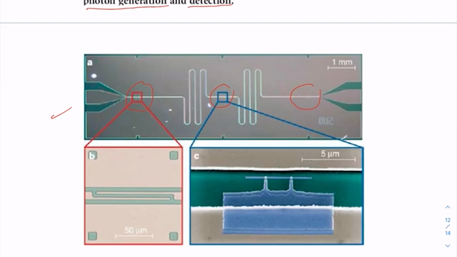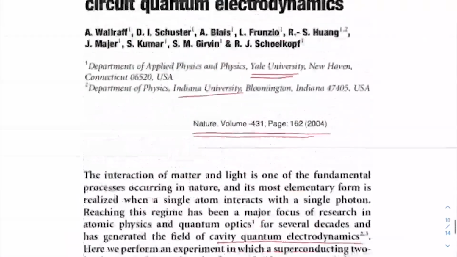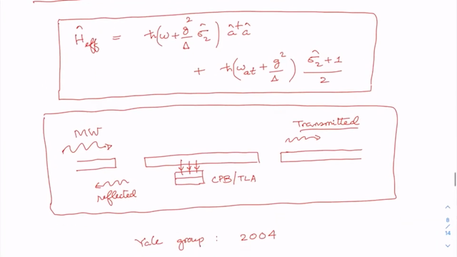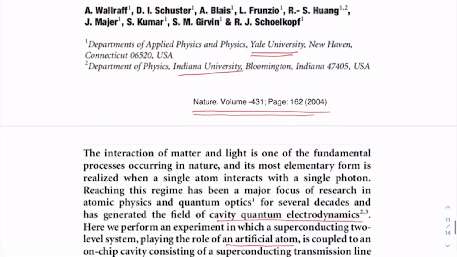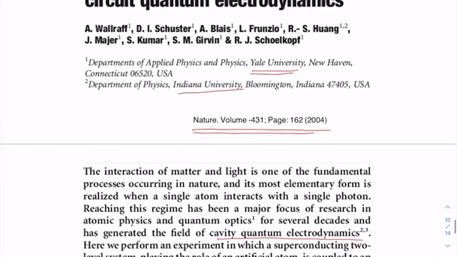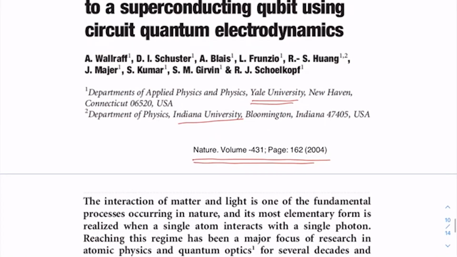The essence and the idea of the experiment I have already described. In essence, this is the setup, or the scheme, as I already explained. What I will do now is try to explain the key findings of this landmark paper based on what we have learned so far.